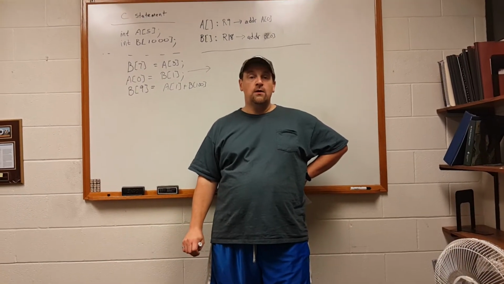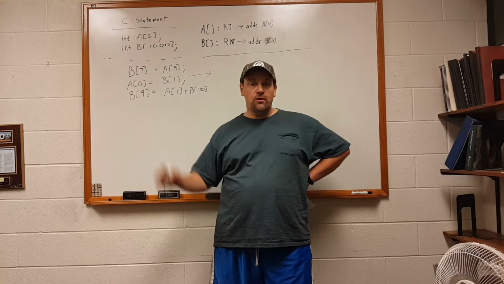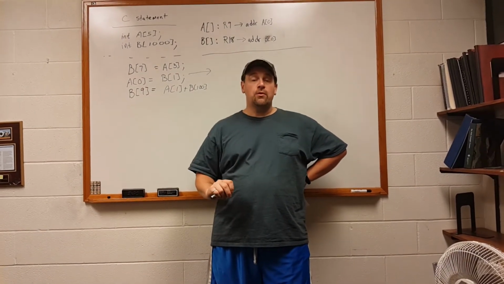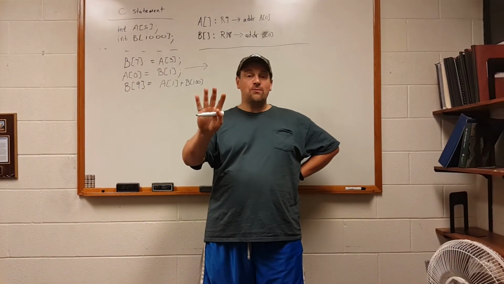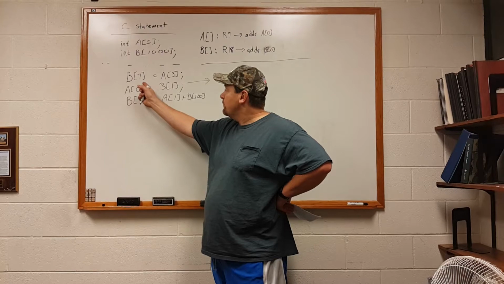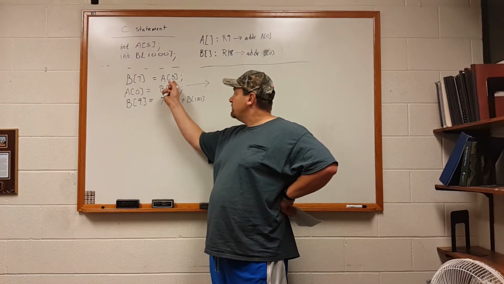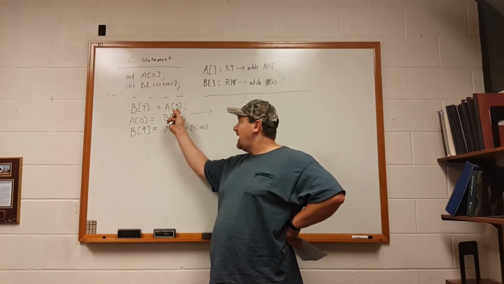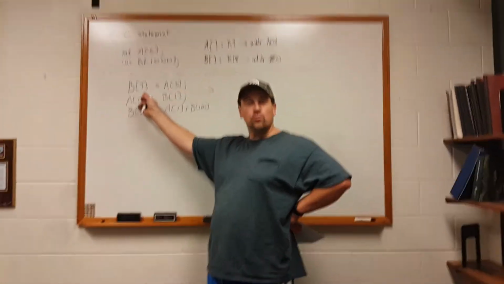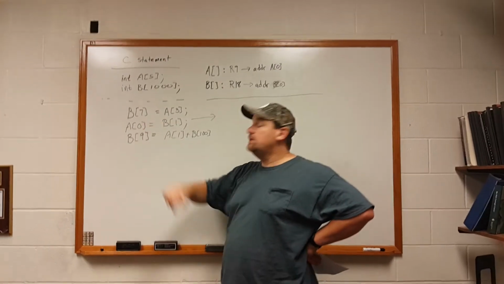We're going to need a temporary register to suck in the data. Then we're going to use that register to store back into memory. For the first instruction, we're going to use a temporary register to read A3. Then the next instruction is going to be to store word into B of 7.